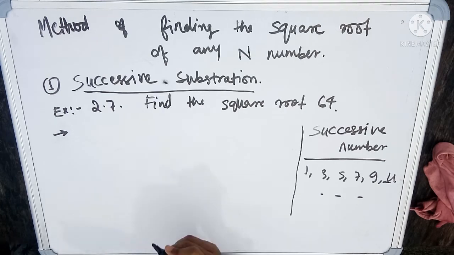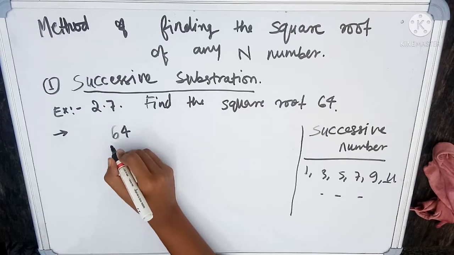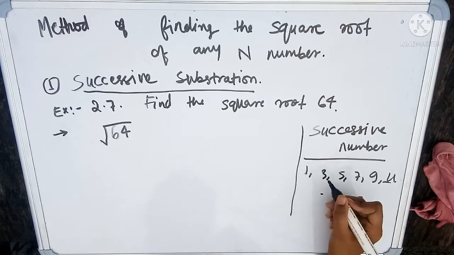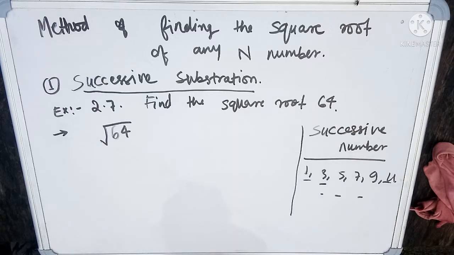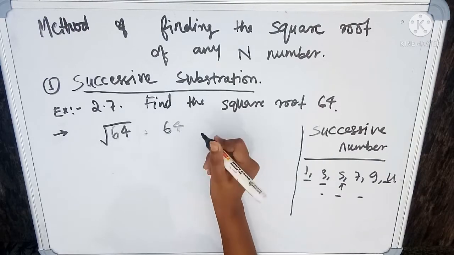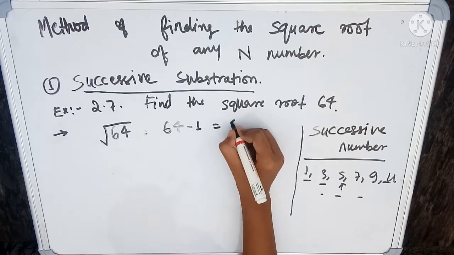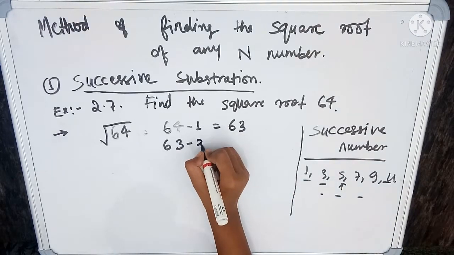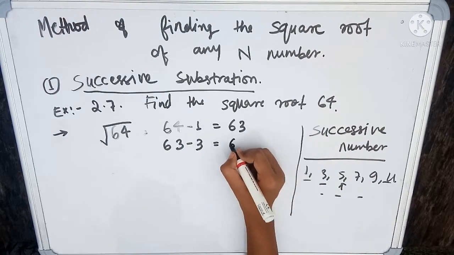So here we have the example 64. We have to find the square root of 64 using this method. The method says that one by one we have to subtract each successive number from this 64, until we get 0. So let's start the process. Here we have 64. And 64 minus 1 is 63. Now the next successive number we have is 3. So 63 minus 3 is 60.